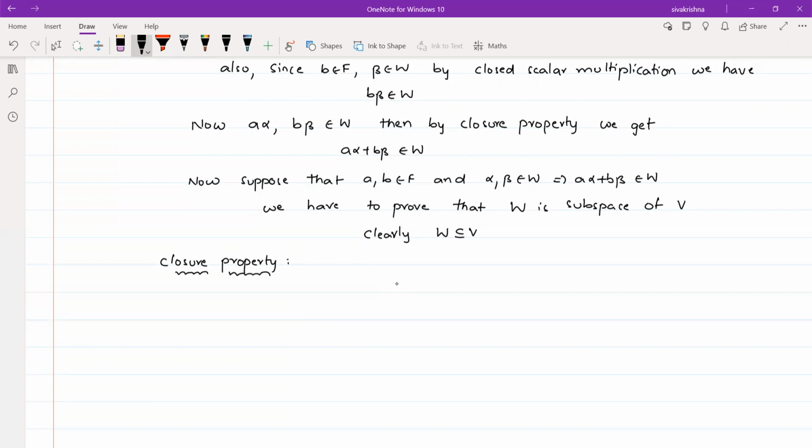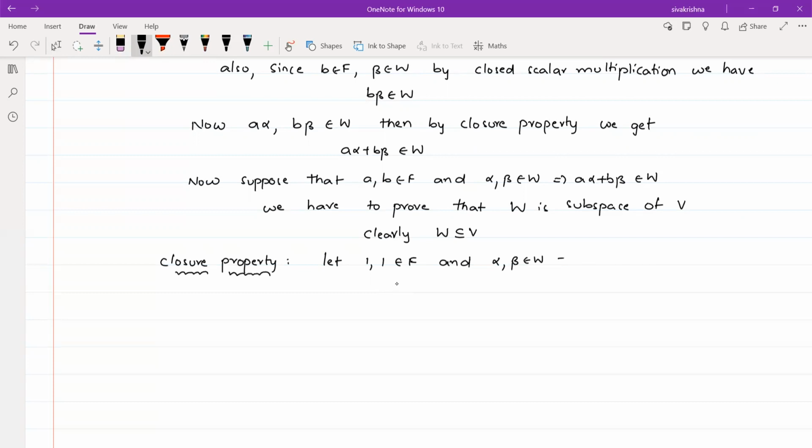Let 1, 1 belongs to F, and yes, in the scalar field, definitely 1 belongs to F. I am writing 1 two times. 1, 1 belongs to F and alpha, beta belongs to W.